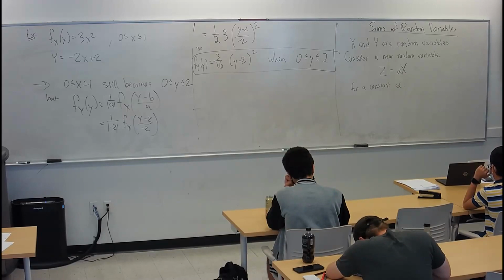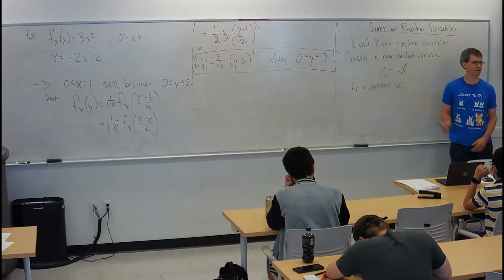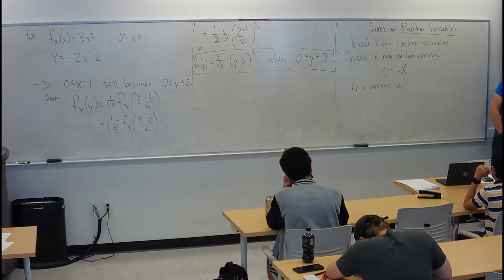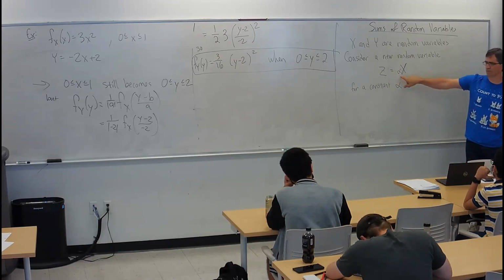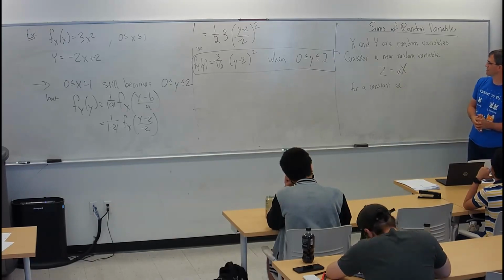Just change the A to an alpha, noticing that the letter A keeps appearing in my sentences, and I can't really handwrite it in a clear enough way to tell that apart. So we just have a multiple of our previous random variable.